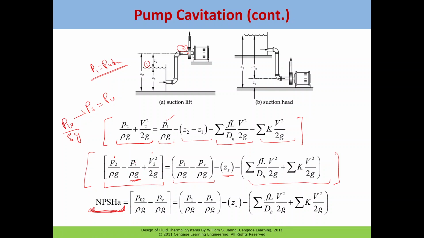This quantity we call the net positive suction head available. It is in terms of these quantities like P1 and PV.